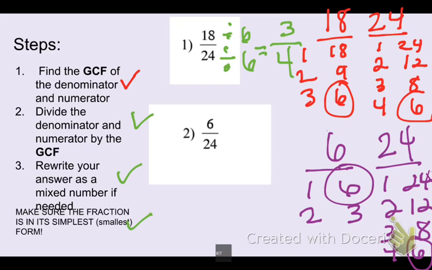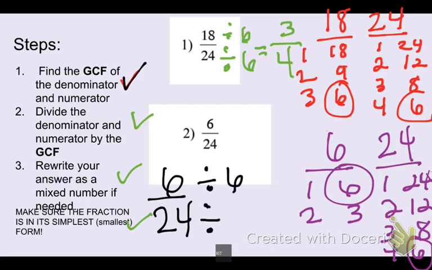All right, I'm going to solve this problem now over off to the side. So my original fraction is 6 over 24. I found the GCF, so I did step 1. Now I'm looking at step 2. It says divide the denominator and the numerator by the GCF. So I'm dividing the top by 6 and the bottom by 6.